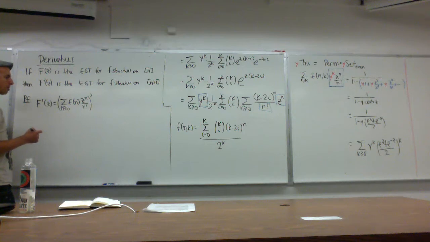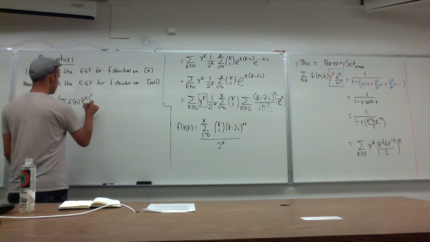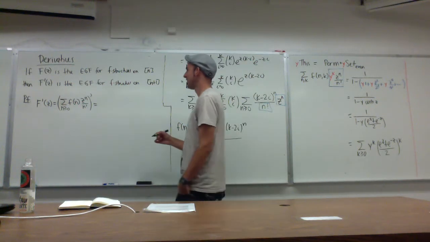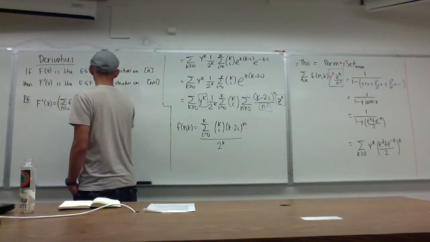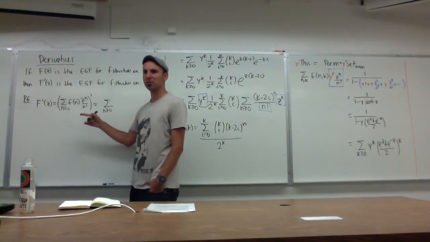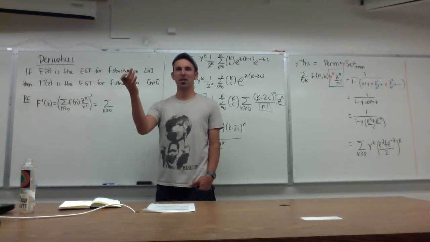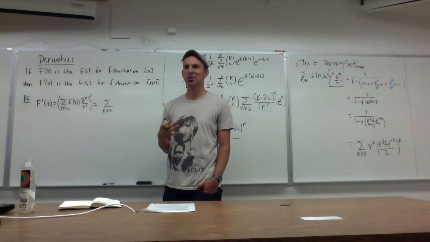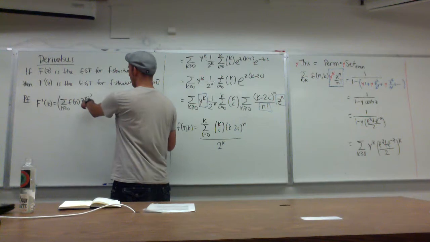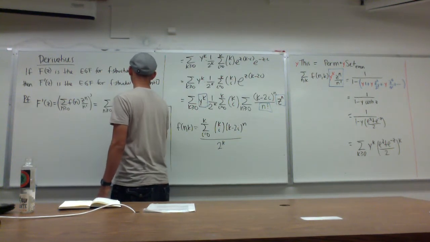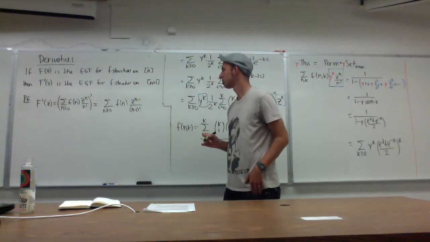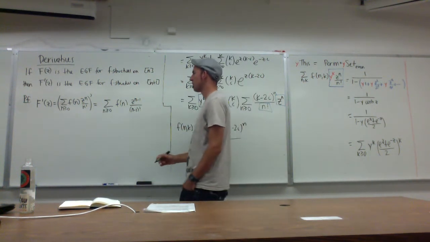Remember that for us, we're not really thinking of a limit here. We're just formally taking every z to the n and doing the derivative of z to the n, which is n z to the n minus 1, so you end up with this thing.